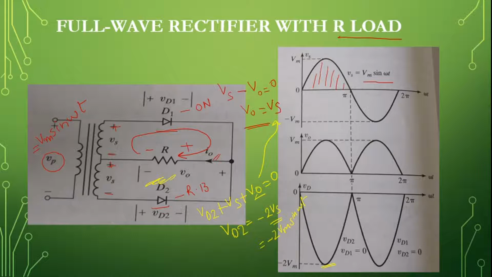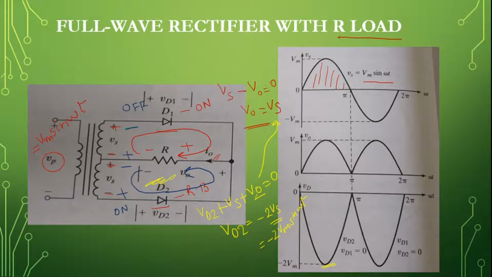Next, during negative half cycle, the polarities are reversed. So what will happen during negative half cycle? During negative half cycle, diode D1 is off, whereas diode D2 is on. So again, the current flows through diode D2 along the resistor in this direction.